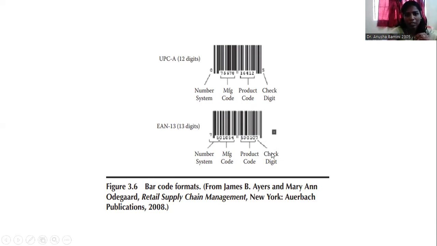Here the check digit is two digits, that's why they are differentiated as 12 digit and 13 digit barcodes. In parallel to this RFID tag, we are using barcodes also. One of the initiatives of this RFID, radio frequency identifier, is the barcode only.